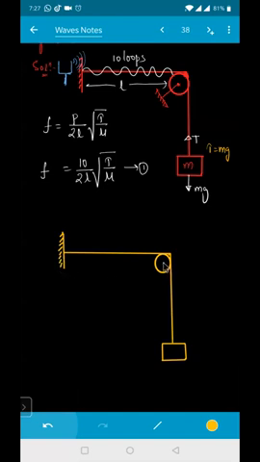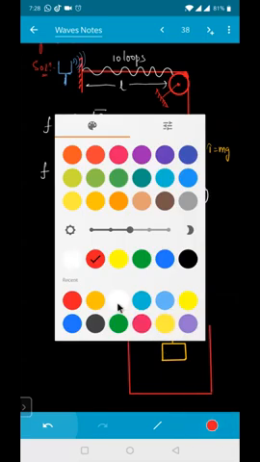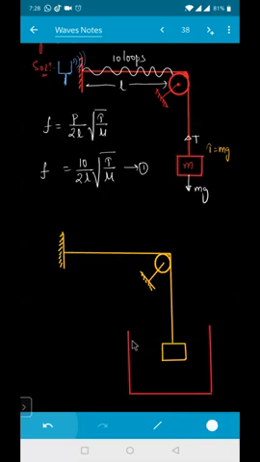This string is also fixed here right now. Okay. Now below there is a beaker. And water is being filled in this one, and the block is completely immersed in the water like this.